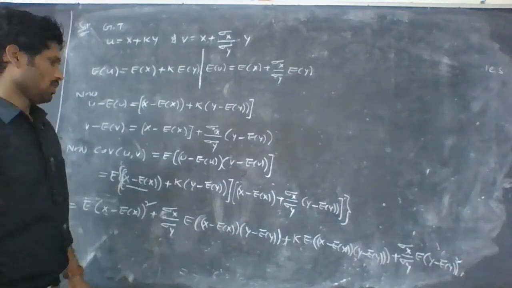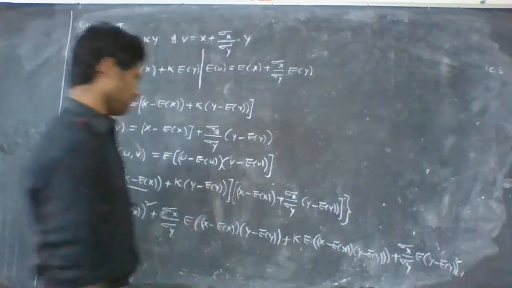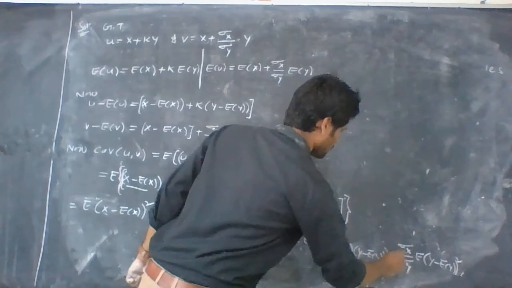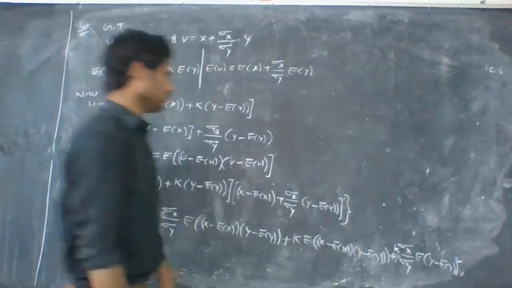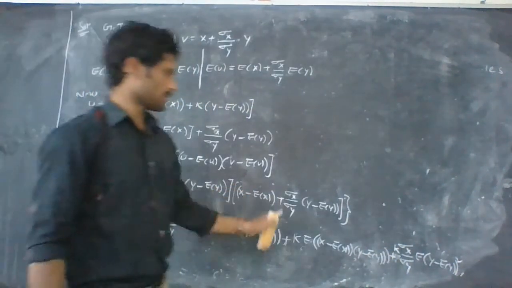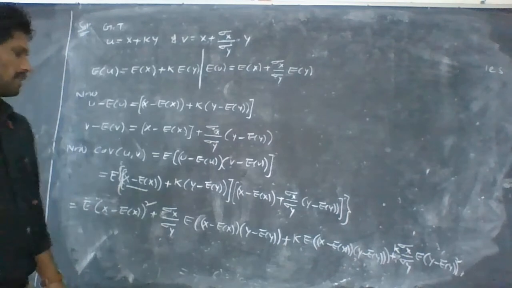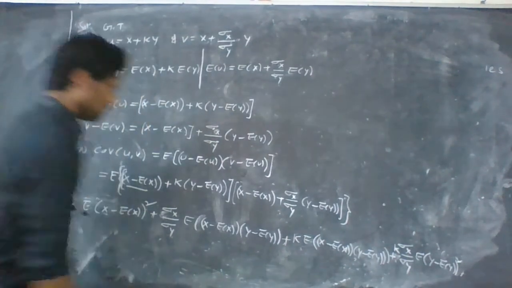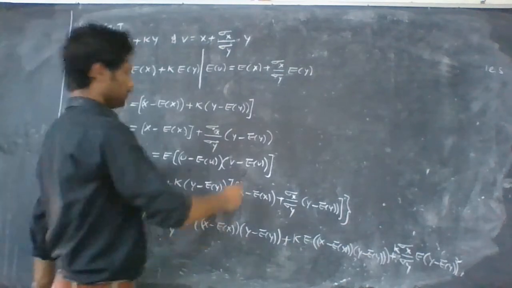So k into sigma x by sigma y, expectation of y minus expectation of y whole square.